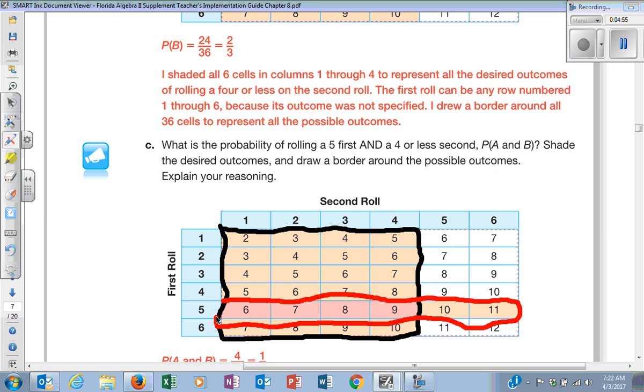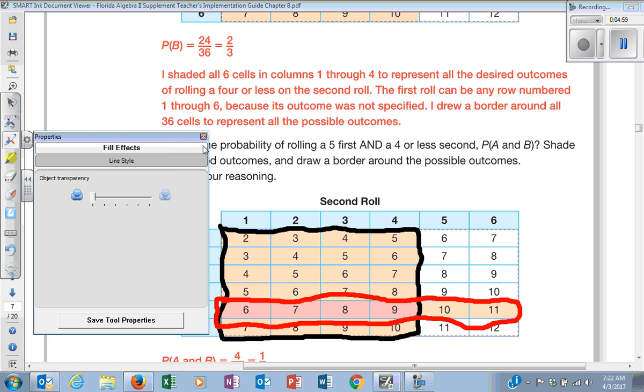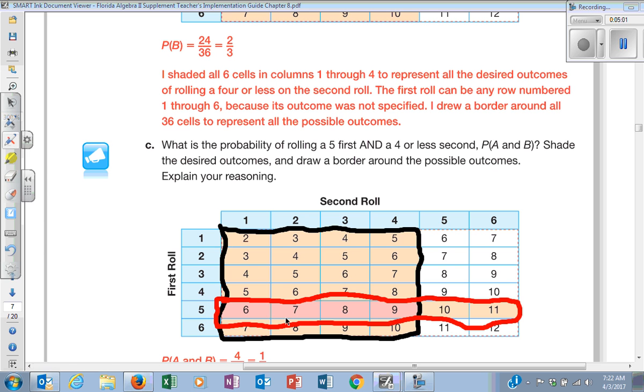Where's the overlap? These 4 boxes. Right? So how many of them make both of them work?